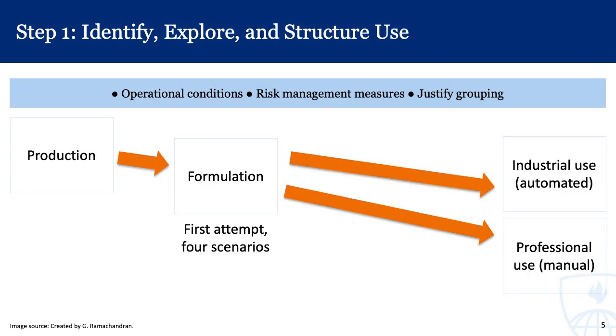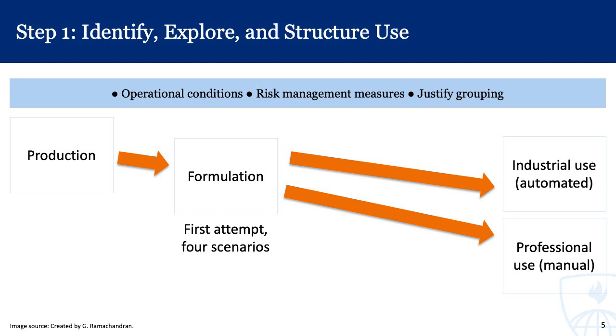So, in the first step of this modeling approach, we need to identify, explore, and structure the use of the model. We need to identify the operational conditions under which a particular process is creating a particular chemical or product. What are the risk management measures in effect?